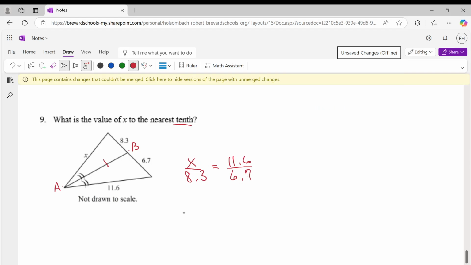And then we just crisscross multiply. So x times 6.7 is 6.7x. 8.3 times 11.6, 96.28. Divide each side by 6.7. And our x is equal to 14.4.